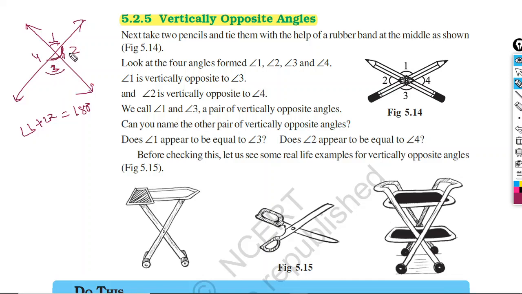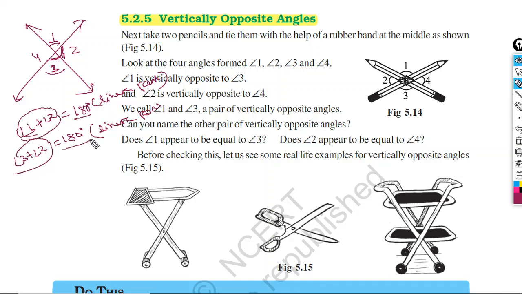Therefore, angle 3 plus angle 2 is also equal to 180. You can give the reason: linear pair. Now you see angle 1 plus angle 2 equals 180, and angle 3 plus angle 2 is also equal to 180, isn't it? So RHS and RHS are equal, therefore LHS and LHS must be equal, isn't it?